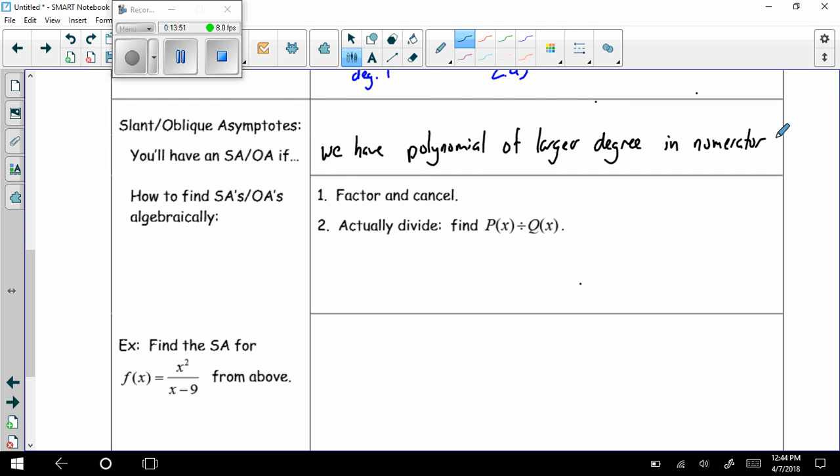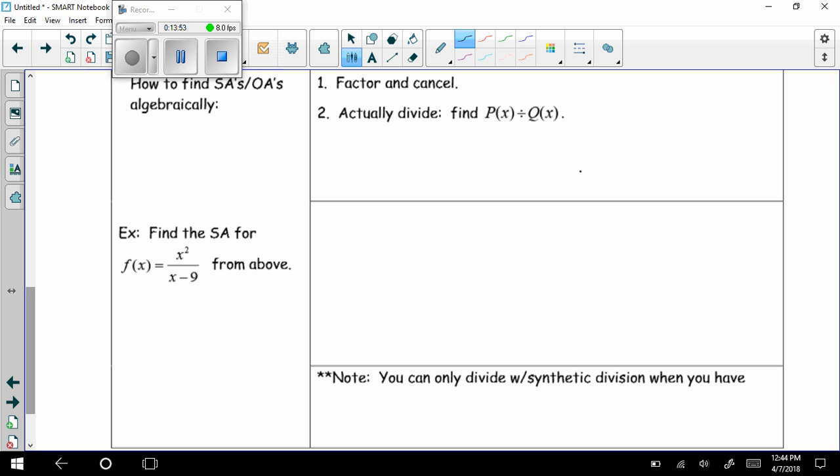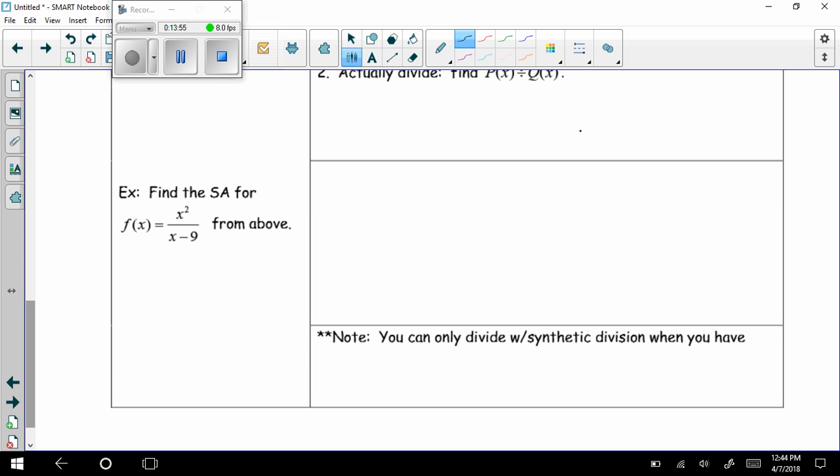So what this looks like, it does not factor at all. And so what we would do is we would kick back into x squared divided by x minus 9 if you wanted to use long division. And we would have to have placeholders.